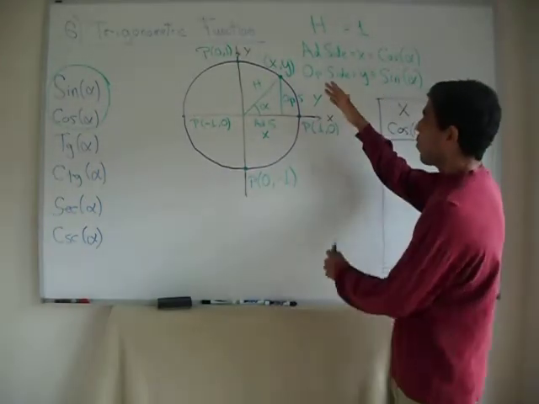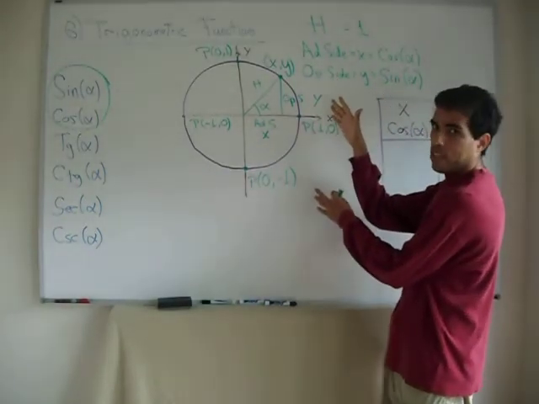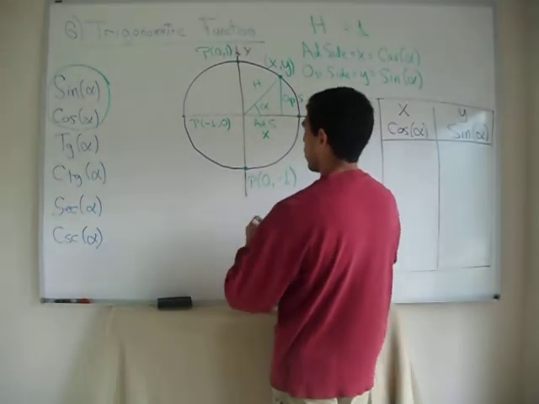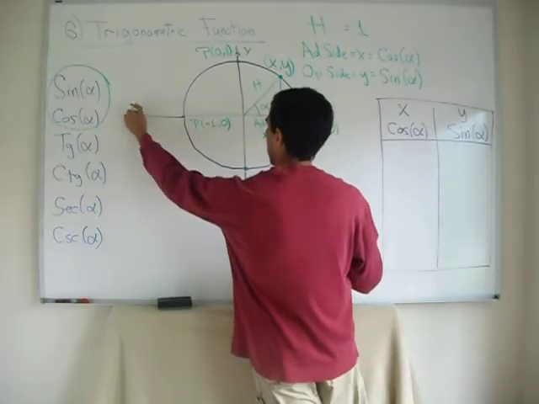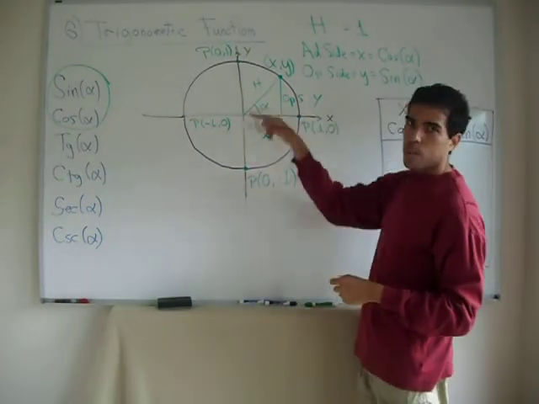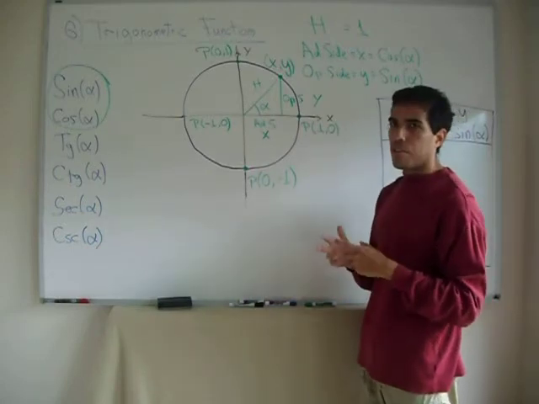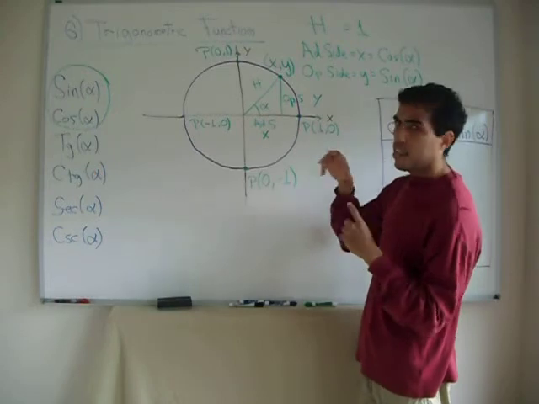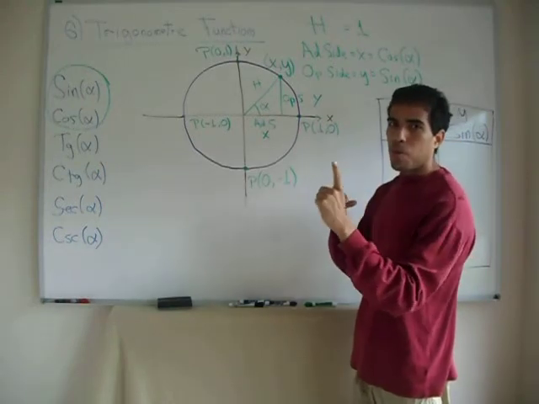So here we have something that is called the trigonometric circle. This right here in black is the XY axis, and in the XY axis I have drawn a trigonometric circle, a circle that has radius 1.